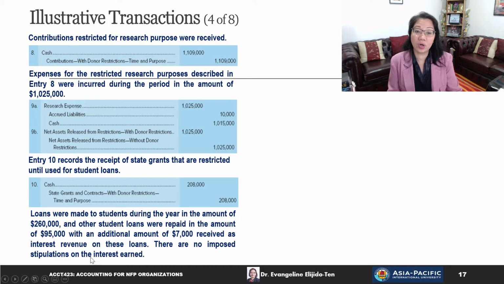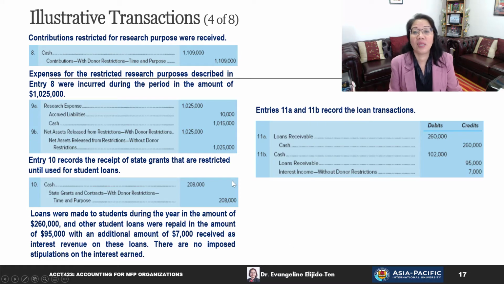And it says here there are no imposed stipulations on the interests earned. So our journal entry for that would be debit loans receivable for 260,000 and credit cash for 260,000.